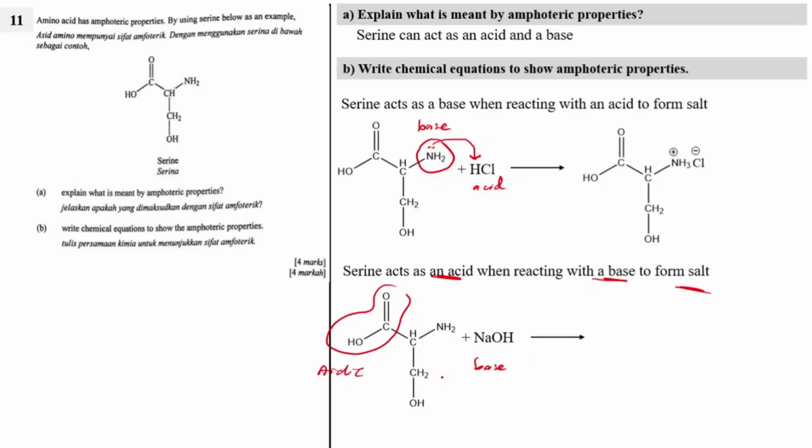So this part here is going to become O minus, and then the Na plus will come closer, where H and OH will be eliminated to form water. So it's going to become O minus Na plus, and water is removed as the byproduct. Okay, so this is how you show the amphoteric properties of the serine.